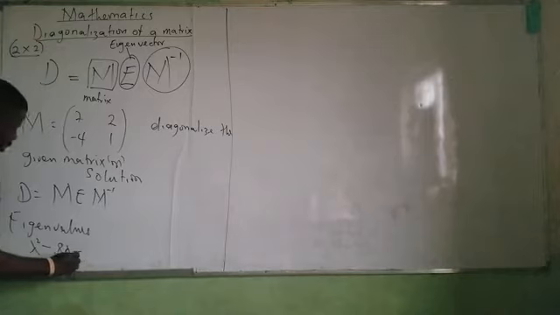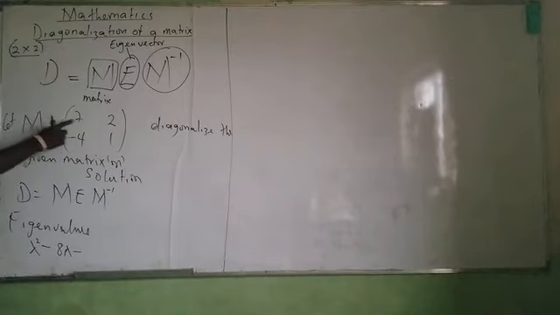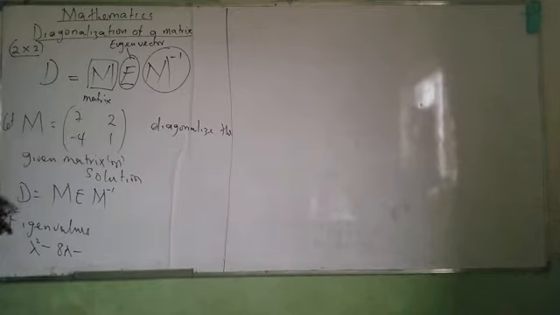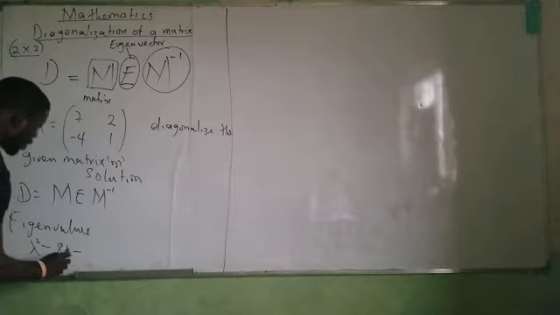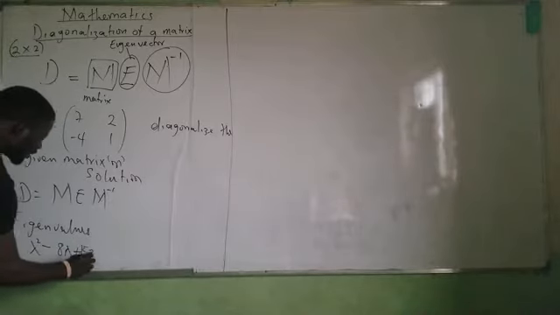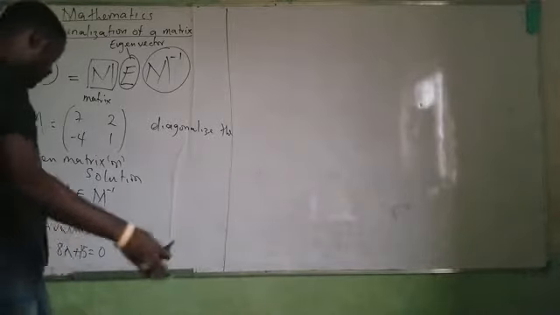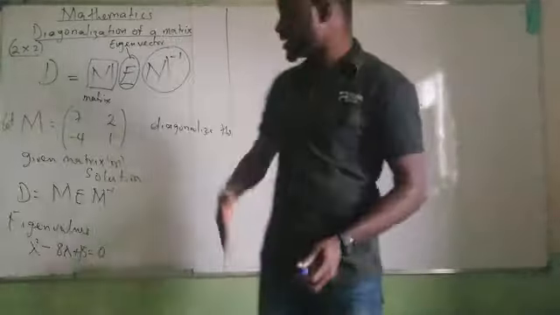Plus the determinant, this times this minus this times this, which gives 15. That will be lambda squared minus 8 lambda plus 15 equals 0. I've shown how to generate the characteristic equation in our previous video.